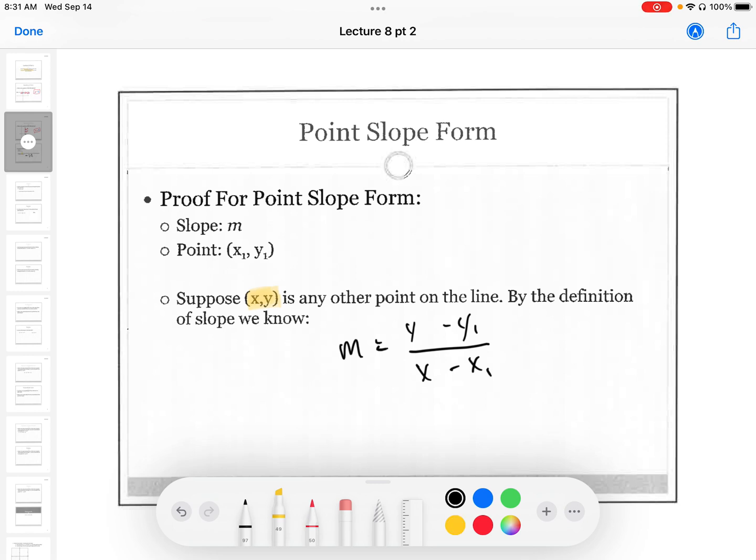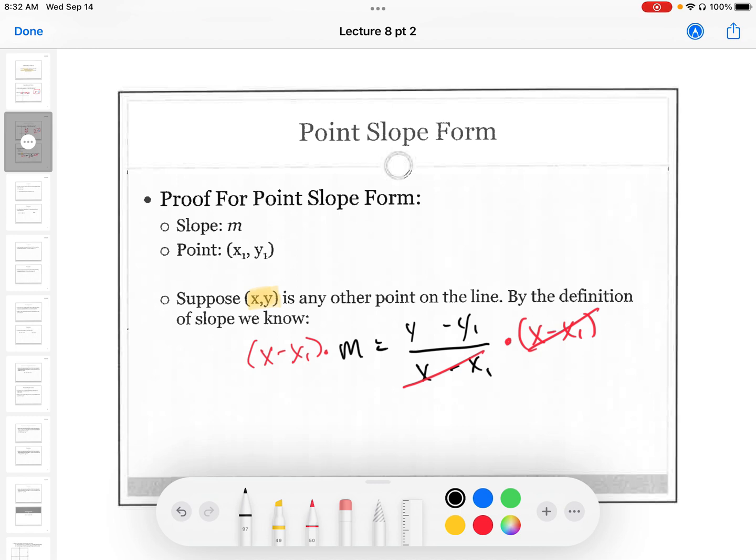Okay, and that's fine. So what I'm going to do to get this into the point slope form is I'm going to get rid of this fraction. And if I multiply by that there, those will cancel. But I also have to make sure that I do that on the other side as well. So I end up with x minus x sub 1 times m equals y minus y sub 1.